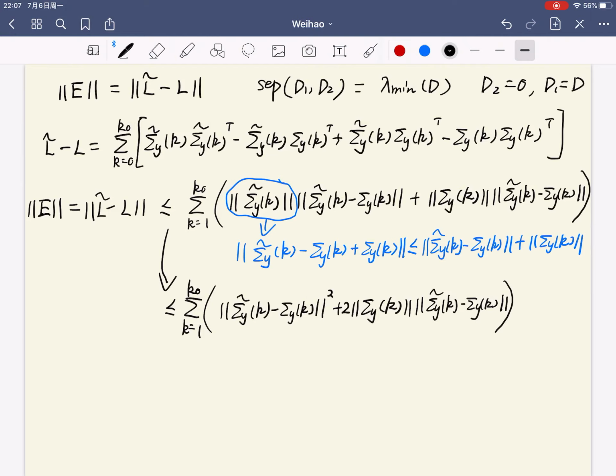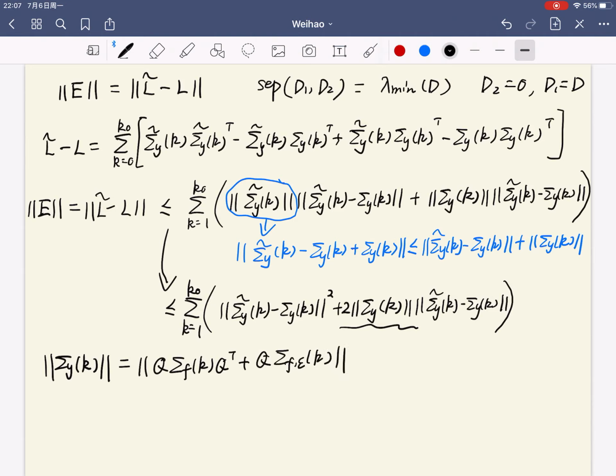Furthermore, we can see that this term, as we showed before, equals the operator norm, and we apply the triangle inequality.